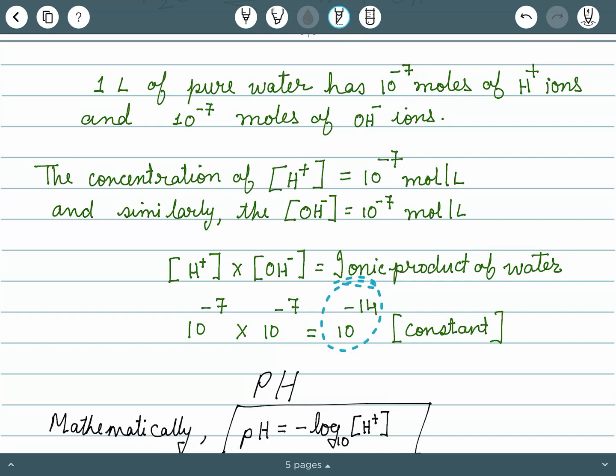Now you will remember that the ionic product of water always remains constant. The ionic product of water will always remain 10^-14.